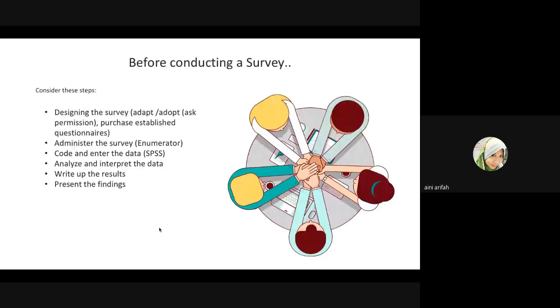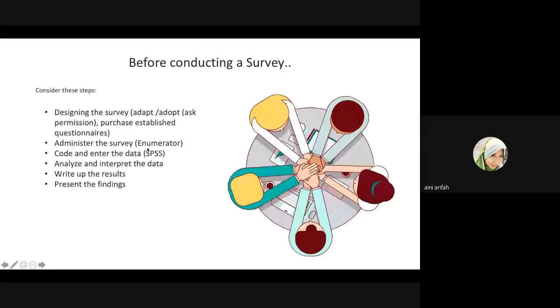So if you have a questionnaire that you think is good, that you find in any article, any published journal, you have to make sure that you get the permission from the original author. Or you can even purchase established questionnaires, which would be a bit costly. The next thing you have to consider is, how are you going to administer the survey?